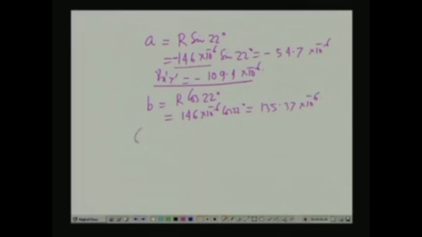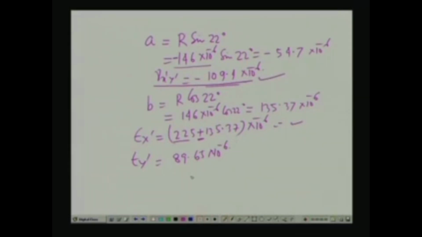So, epsilon x dash is equal to the O dash distance, which is 225, so 225 plus 135.37 into 10 to the power minus 6 is the normal strain. Epsilon y dash consequently will be minus of this, which is diametrically opposite, equal to 89.65 into 10 to the power minus 6, and gamma x dash y dash, as I said, is equal to this.